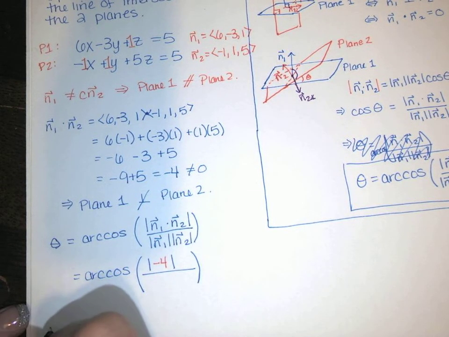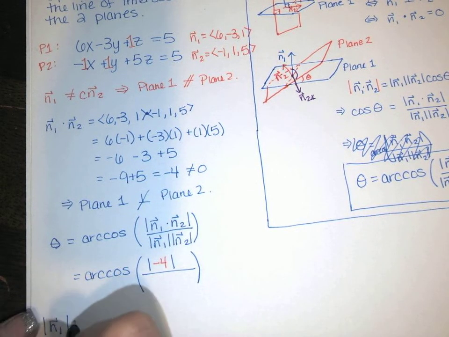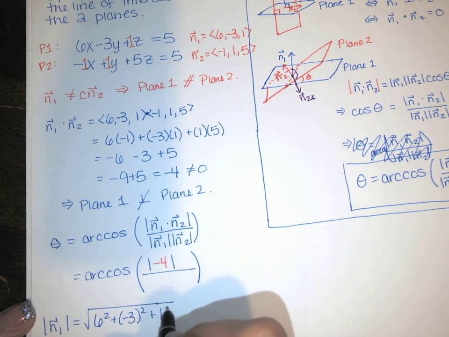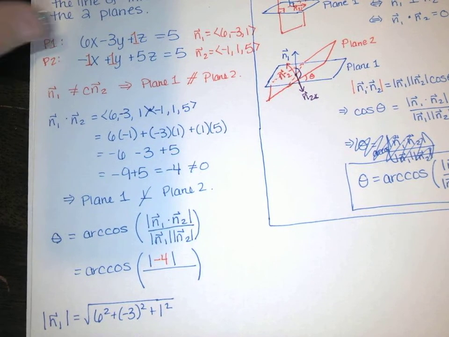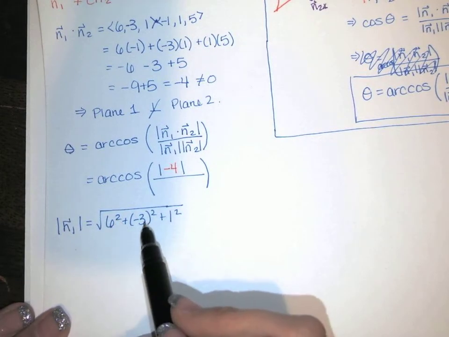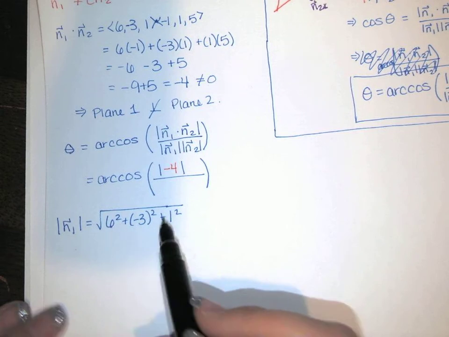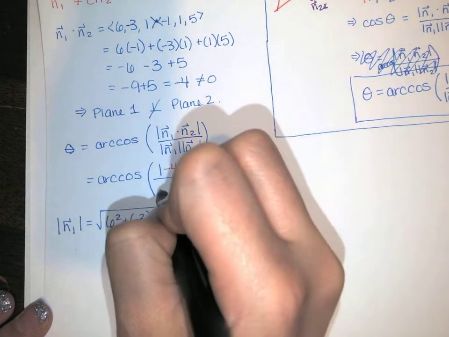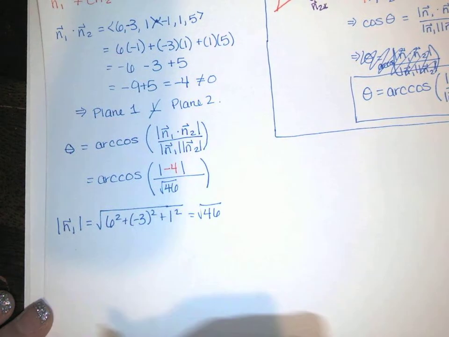Now I need to find the length of n1. So take 6, -3, and 1, square them and add them and take the square root. So I've got 36 plus 9 plus 1, so 36 plus 10 is 46. So square root of 46 goes right there.